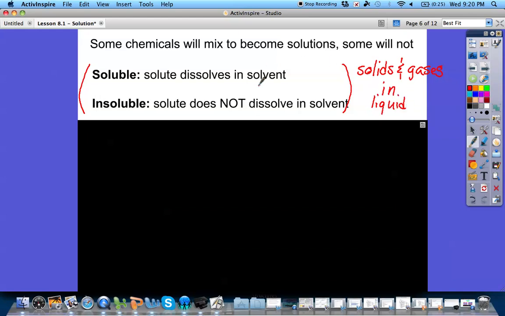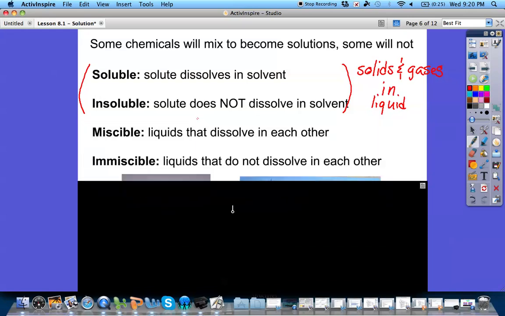So if it dissolves, it's soluble. If it does not, it is insoluble. Miscible and immiscible refers to a liquid in a liquid.